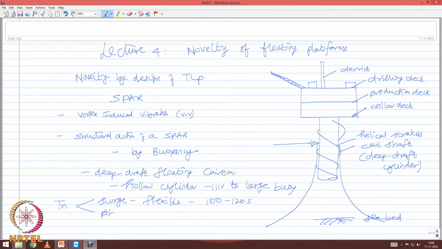Surprisingly, in pitch it remains relatively flexible, so about 60 seconds, and in heave about 25 to 40 seconds. Whereas, if you remember, in tension leg platforms these two were stiff degrees of freedom, the periods were very low, whereas in a spar they are considered to be flexible degrees of freedom.